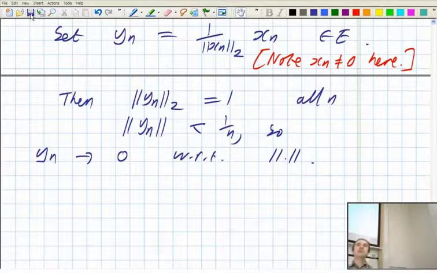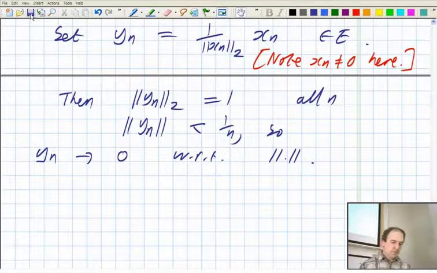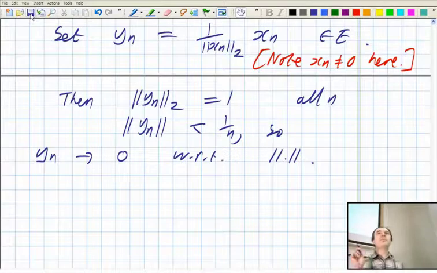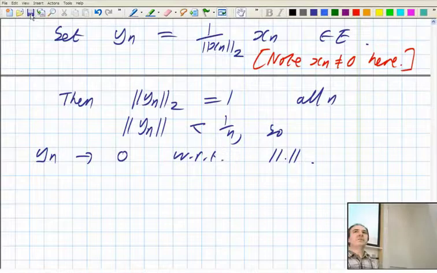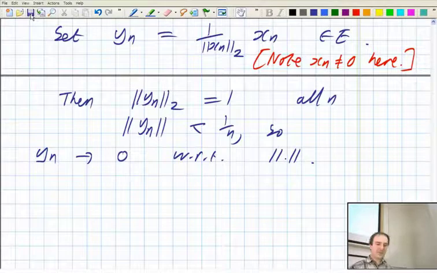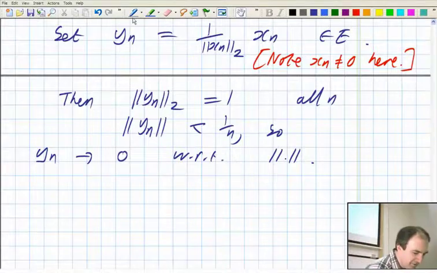So we've got a choice now. We can use Bolzano-Weierstrass, or we can use Heine-Borel, whichever you like. But we know that because of the properties of norm 2, which is just the Euclidean norm, we've got Bolzano-Weierstrass valid for norm 2, or Heine-Borel valid for norm 2, and we can say that this has a convergent subsequence. Why didn't I do it Bolzano-Weierstrass? I normally use Heine-Borel. I'm going to use Bolzano-Weierstrass this year.